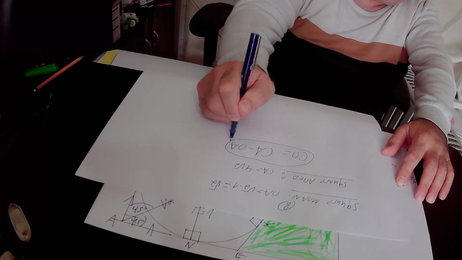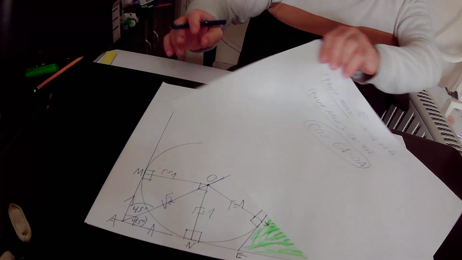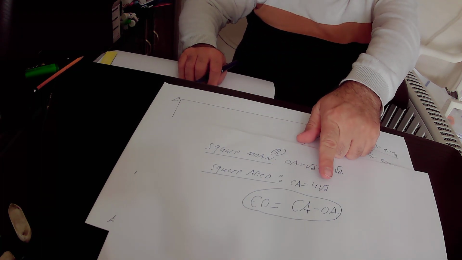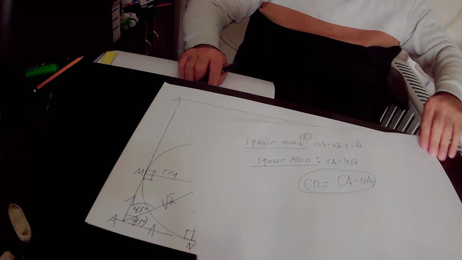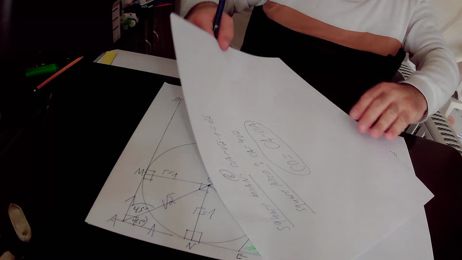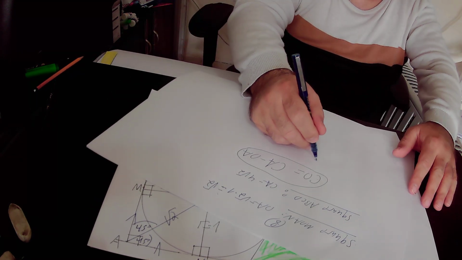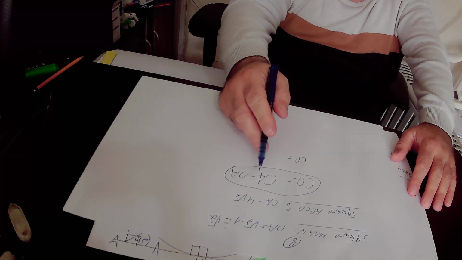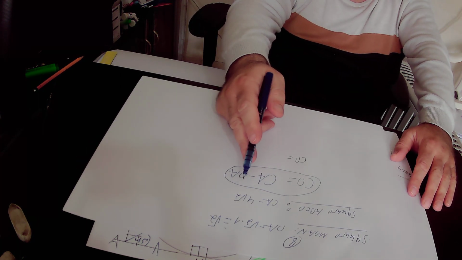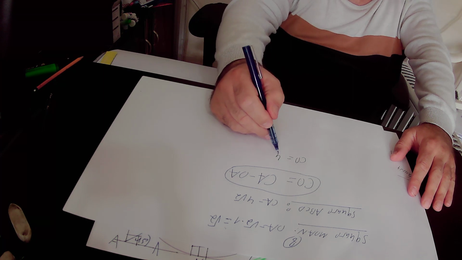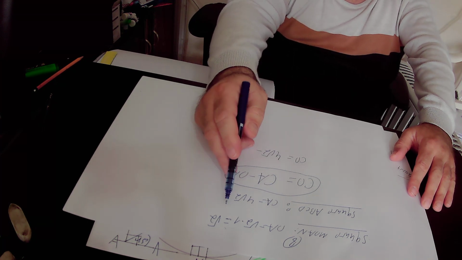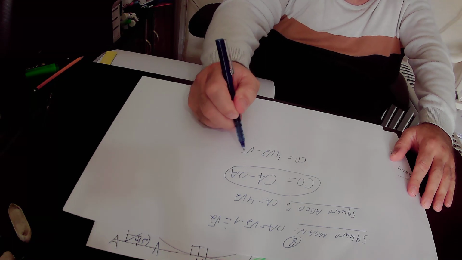Okay, you can see from the drawing that CO equals CA minus OA. Okay, so CO equals CA. We have already found out that CA equals 4 times square root of 2 units, and we already found out that OA equals square root of 2 units.